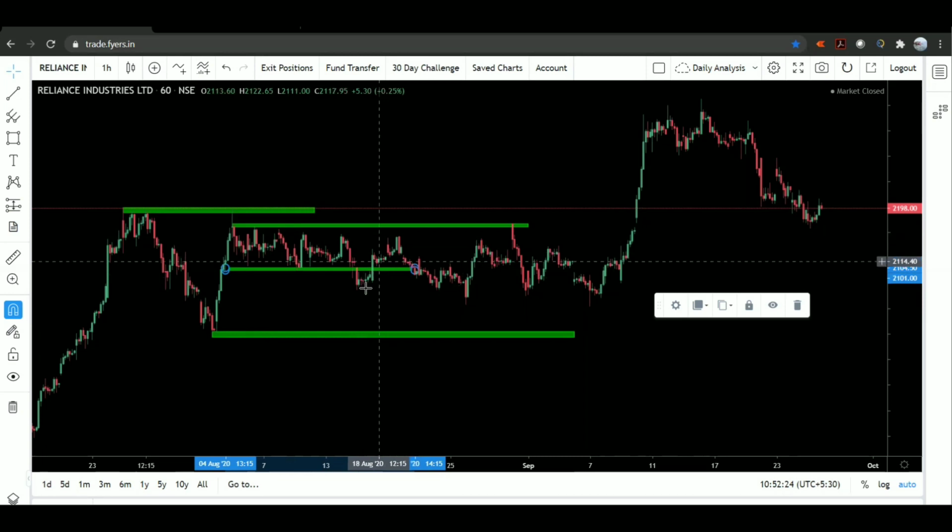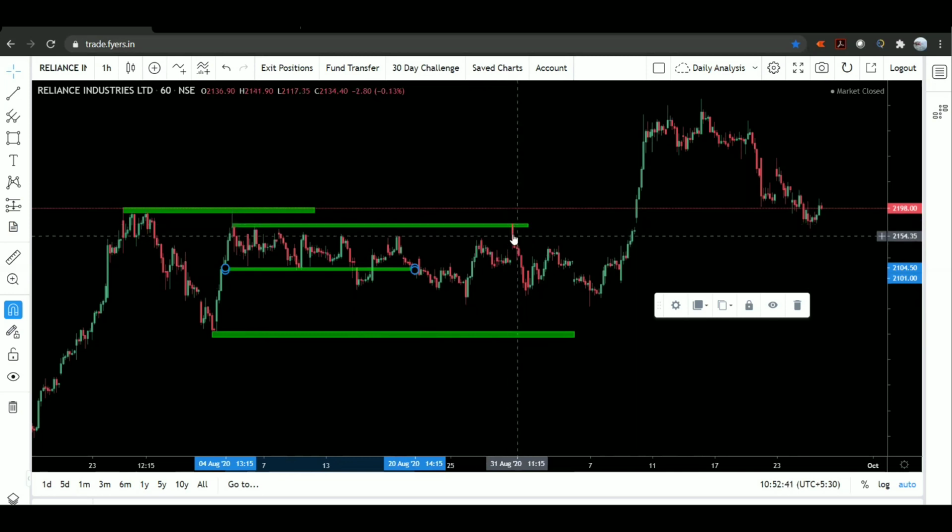So if you see, this might cause a problem. Many traders lose money in this kind of breakouts and breakdowns. Now if you see, second time also it has happened here, third time also it has happened, and it again came back in the range. Again, this was the fourth time, it broke up. Okay, it has broken up, but again it came down, sorry. Again in the same range, again went down.